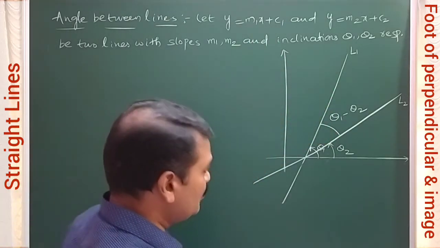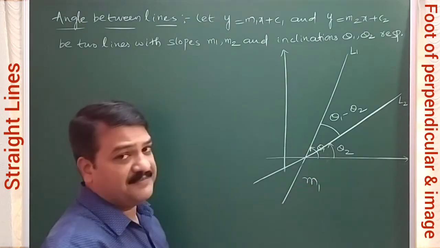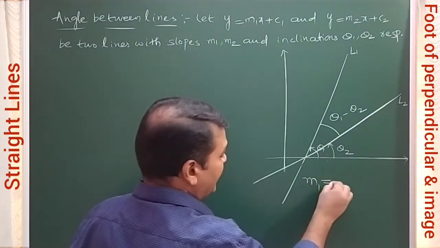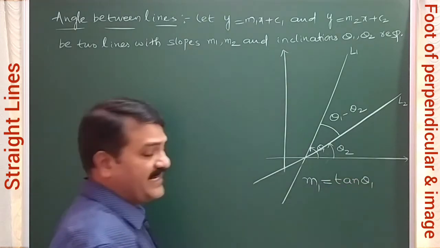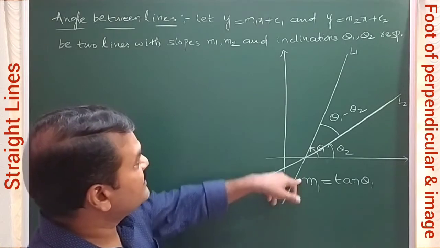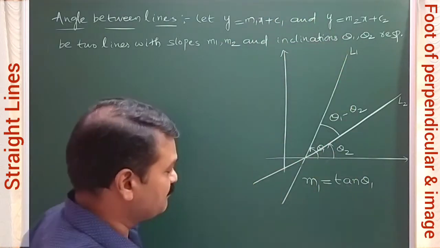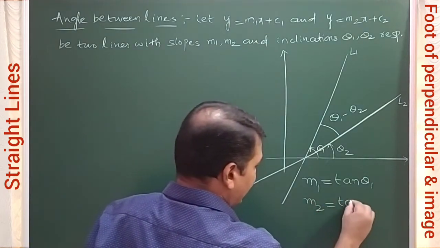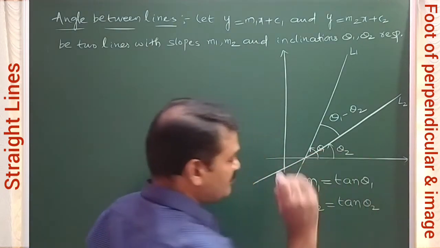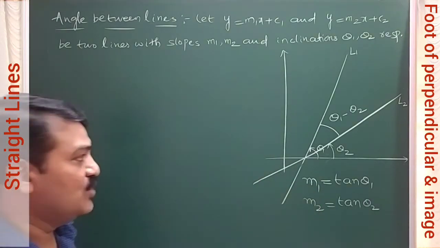Now m1 is the slope of the first line with inclination theta 1. So therefore I will get m1 is equal to tan theta 1. Second line slope is m2, inclination is theta 2, so for the second line we will get m2 as tan theta 2.